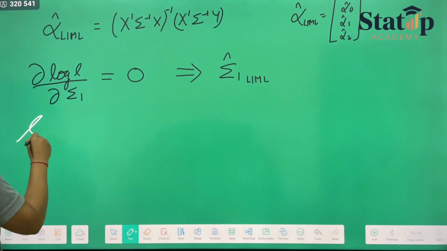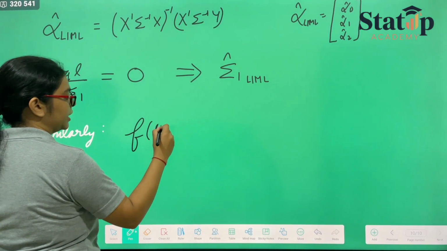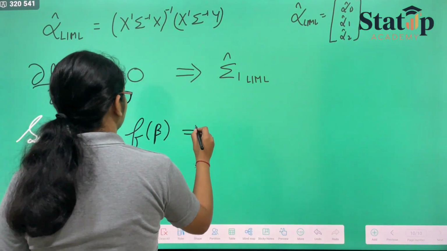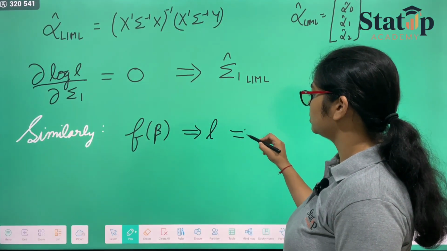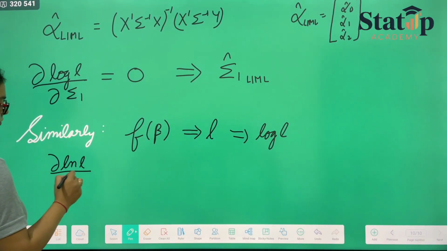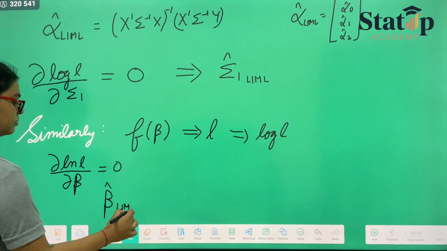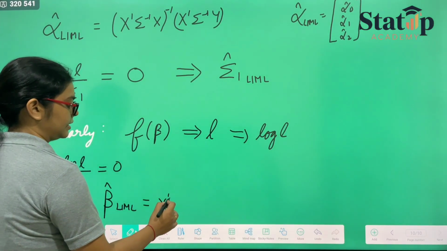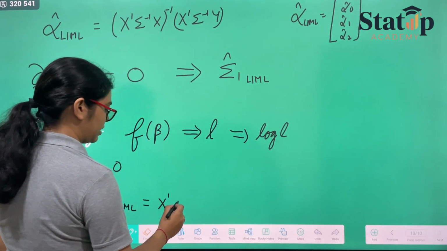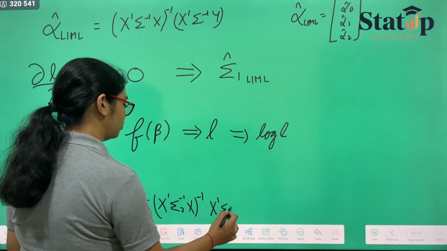And similarly, when we take f of beta, which in turn gives us L, and which in turn gives us log L, and hence by differentiating log L with respect to beta and keeping it equal to 0, we will get beta cap LIML, which will be nothing but x dash sigma 2 inverse x, whole inverse, x dash sigma 2 inverse y.